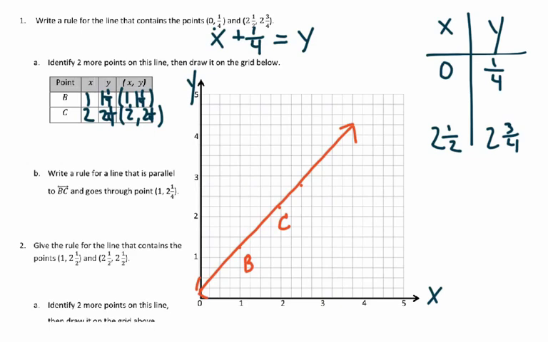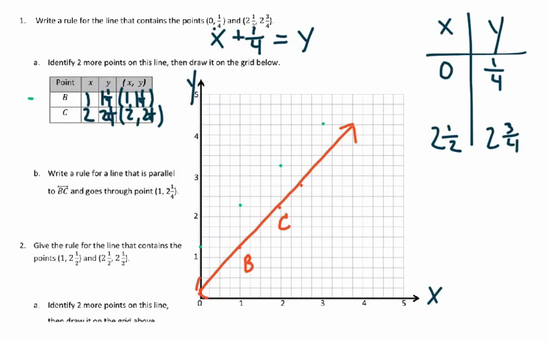So part B says write a rule for a line that is parallel to line BC and goes through point 1 and 2 1/4. So let me plot that point so I know where it is. Okay, so for writing the rule for a line that's parallel, I know that point 1 and 2 1/4 is right here, and the difference between my first problem, where point B was, I had 1 and y was 1 1/4.